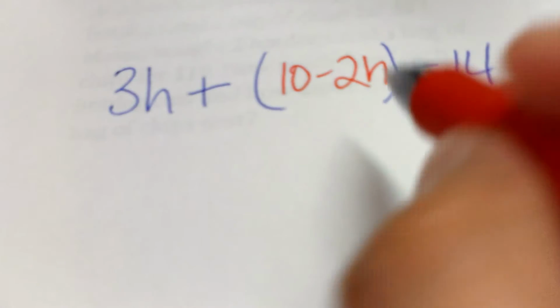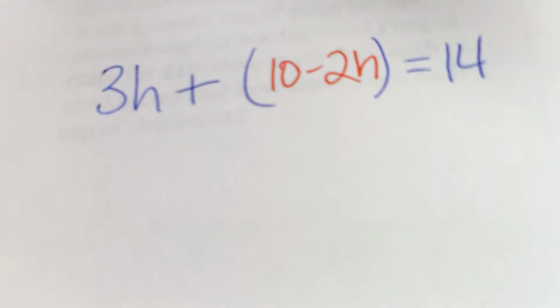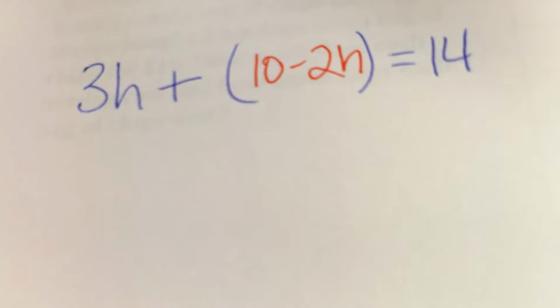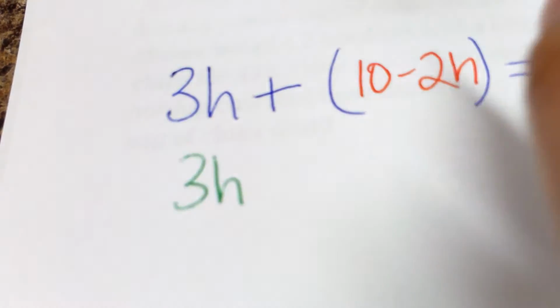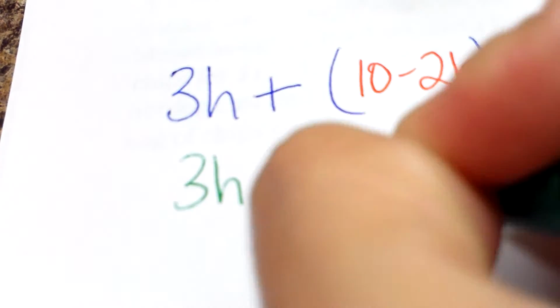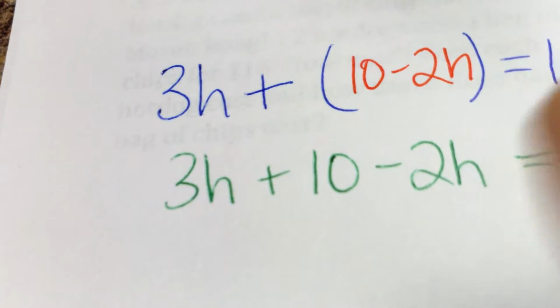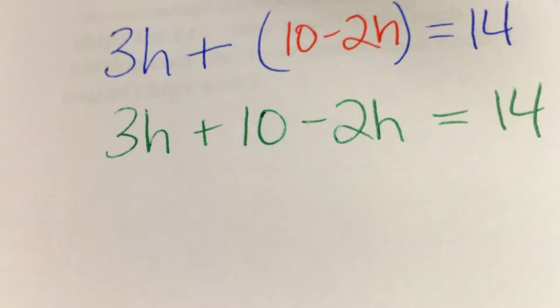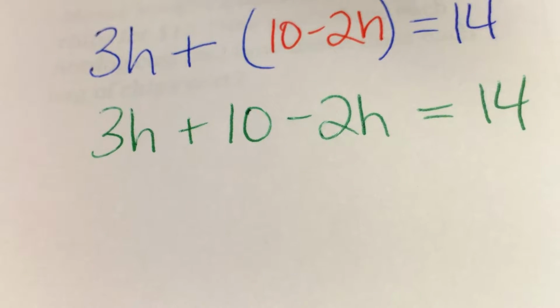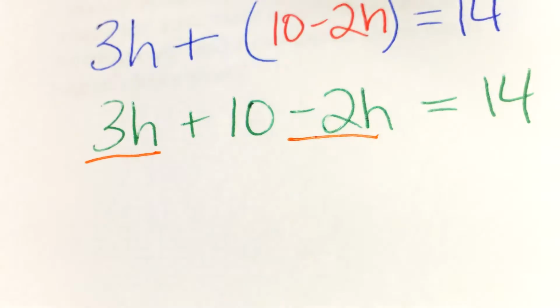Now, if there's like a 1 here in the front, it's basically the same thing because 1 times anything is itself. So I can just rewrite it. So I have 3H plus 10 minus 2H equals 14. We solve for H, so we need to combine like terms. We have the 3 and the negative 2.